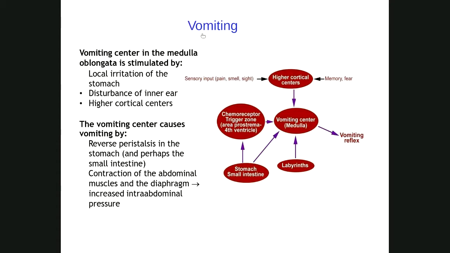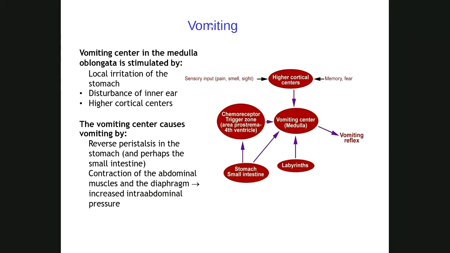So what are the stimuli? Higher cortical functions: memory, fear, sadness, pain, smell, sight. Sometimes you see something that makes you nauseated and you vomit. Some neurological problems: people with neurological problems commonly have vomiting.